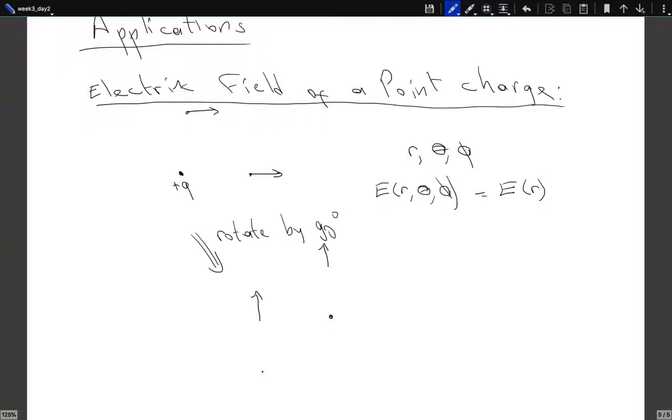Although the charge distribution doesn't change when you rotate your head by 90 degrees, the electric fields change. That cannot happen. If the charge distribution doesn't change when you change your orientation, the electric field should also not change. So the electric field lines also cannot have that shape. This is also not possible.